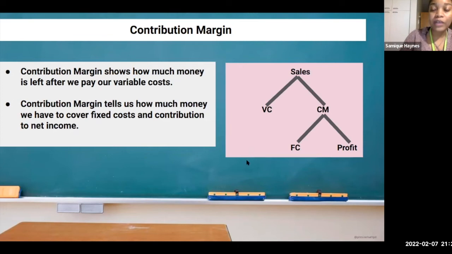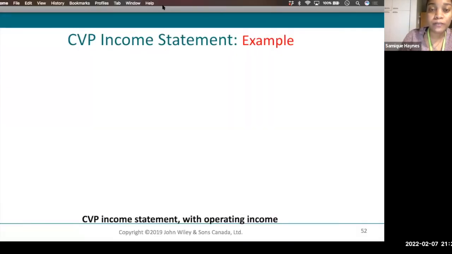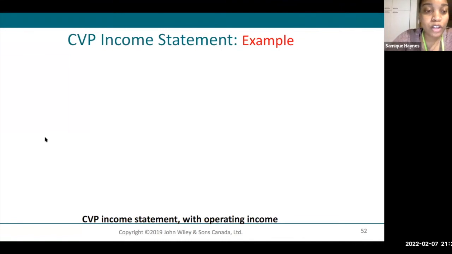Okay, how can we cover our fixed costs? Sales, we have sales, less our variable cost, gives us a contribution margin, right? Now from our contribution margin, do we have enough to pay off our fixed costs and still make a profit? Anybody understands or has any questions for contribution margin? Are we good with contribution margin?